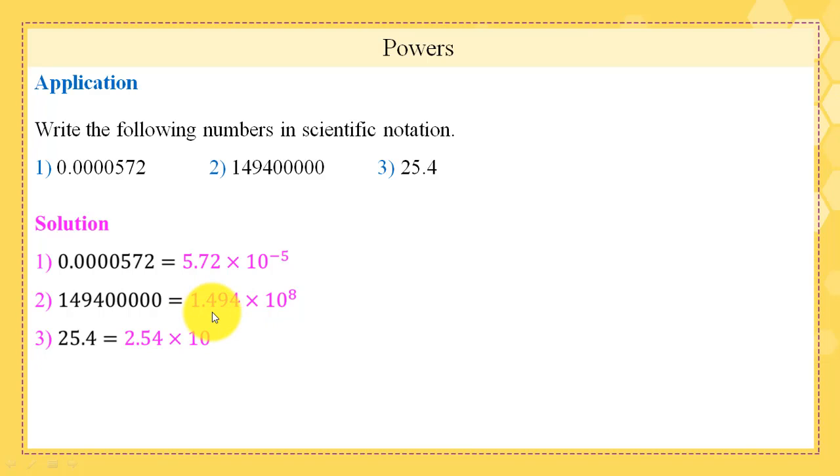So the scientific notation of 149,400,000 is 1.494 times 10 to the power 8. Finally, the scientific notation of 25.4 is 2.54 times 10, which is true, since 2.54 is between 1 and 10, and the power of 10 is 1, since we move 1 place to the left.